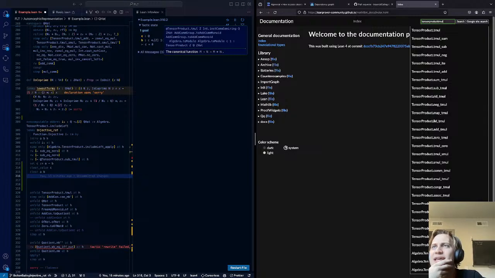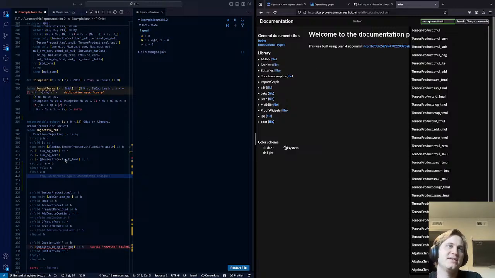What lemmas do we have in existence about T mul? So T mul sub, I applied sub T mul, I applied that one at least. T mul 0 is going to be something of the opposite form: C tensor 0 is equal to 0, is just what it's going to be.